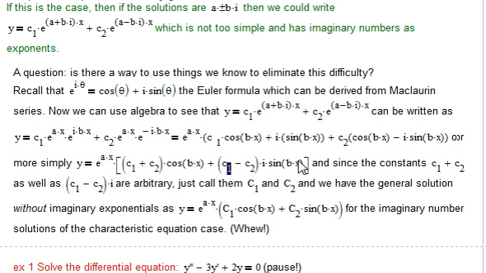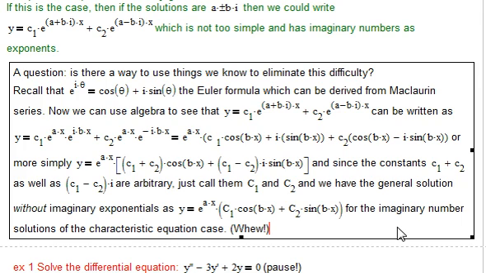So there's all that. And you're thinking, but c1 plus c2 as well as c1 minus c2 times i are arbitrary constants. So I'll just call them capital C1 and capital C2, and with that we get our general solution without imaginary exponentials: y equals e to the ax times a constant times cosine of bx plus some other constant times the sine of bx.